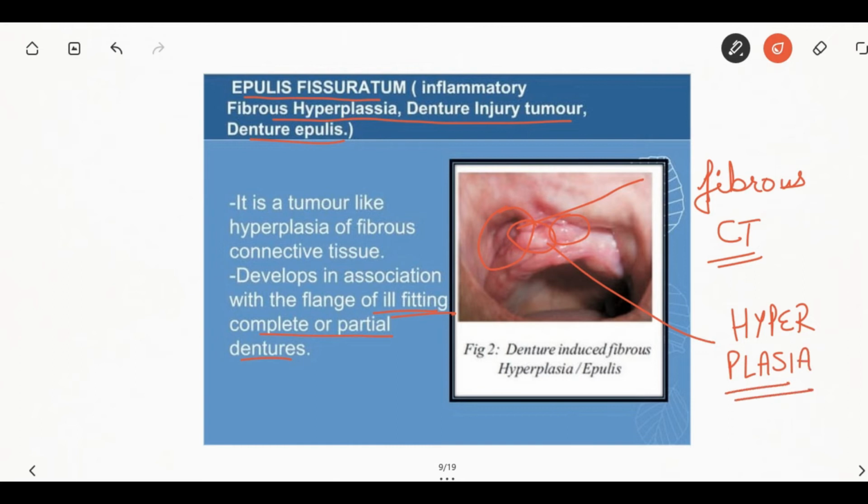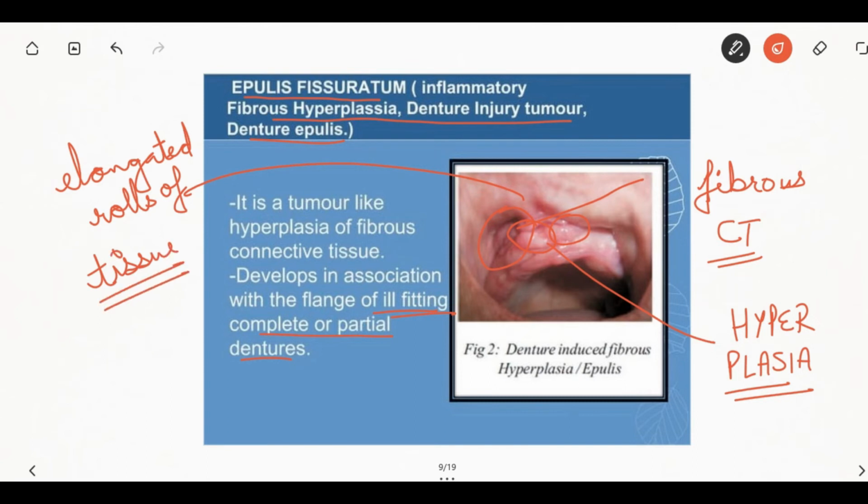In the inflammatory hyperplasia, the result of denture injury is characterized by development of elongated rolls of tissue. Similarly, you will see a development of elongated rolls of tissue in the mucolabial or mucobuccal fold, into which the denture flange conveniently fits.